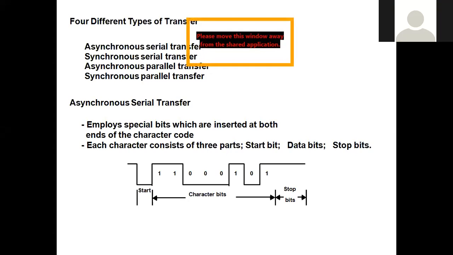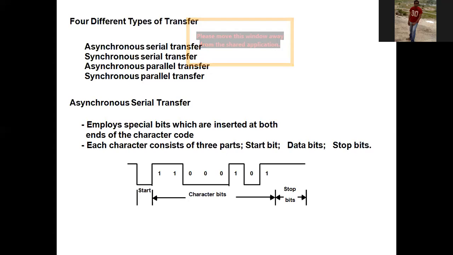Yes, sir. So between the start and the stop bits, we add some data, and that data we consider as valid data. This kind of data transmission is called asynchronous serial transfer. What are the things you will have? Start bit, data bit, stop bit.